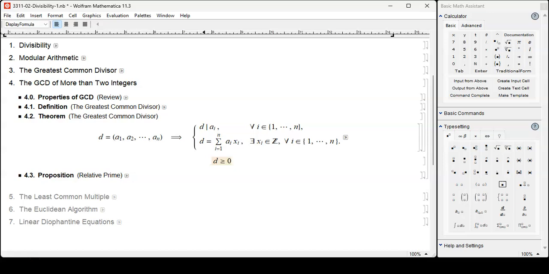Let me rewrite. Okay, that's number 1. Talking and writing at the same time is often difficult to do. So non-negative, that's number 1. Number 2, common divisor. And then number 3, linear combination.